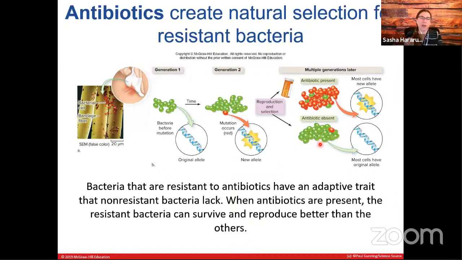The concept that I want you to take away here is that the bacteria that are resistant to antibiotics have to be present in the original bacterial population in order for the resistant strain to become more prevalent after the treatment with antibiotics.